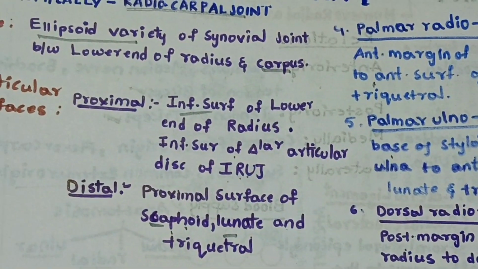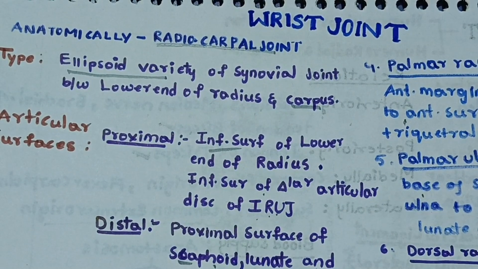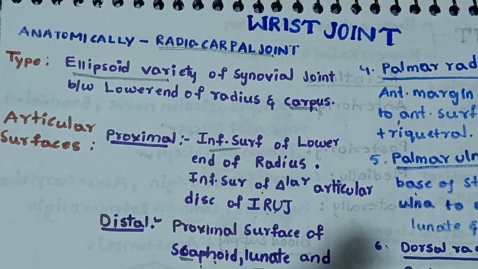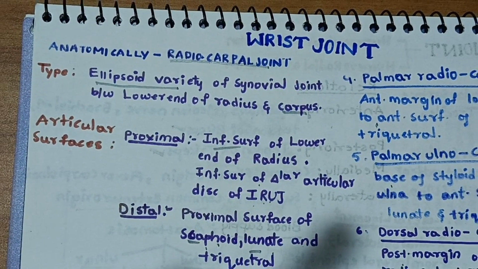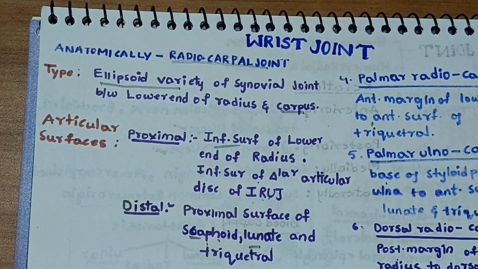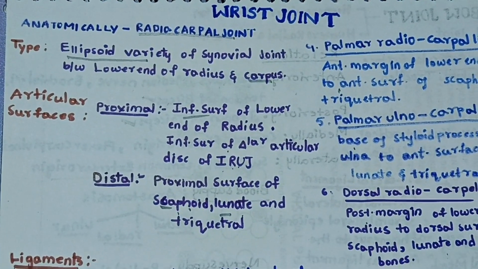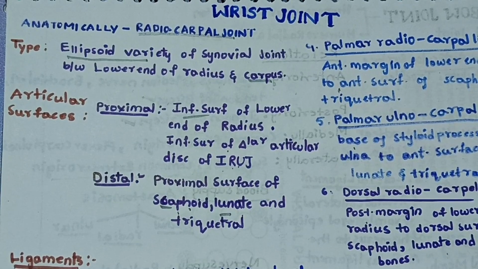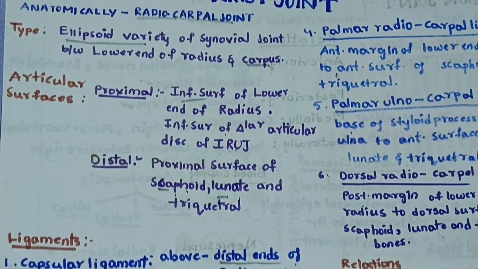Once again, it is an ellipsoid type of synovial joint. The proximal articular surfaces are the inferior surface of the lower end of the radius and ulna. Distal are the scaphoid, lunate and triquetrum, the proximal carpal bones. What are the main ligaments?